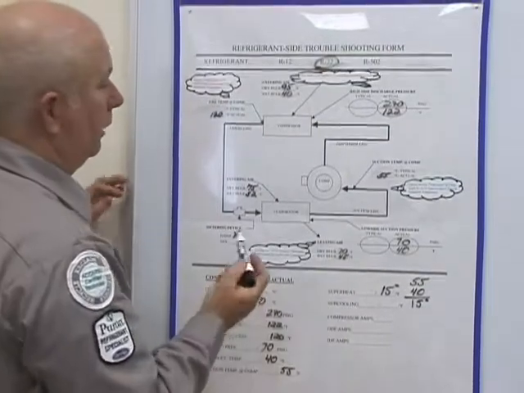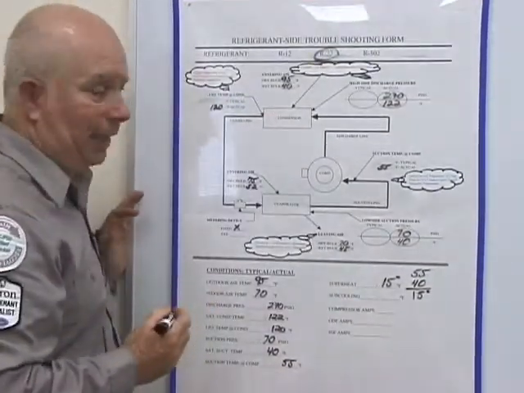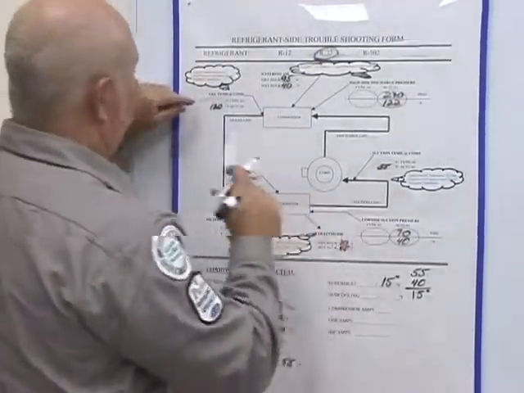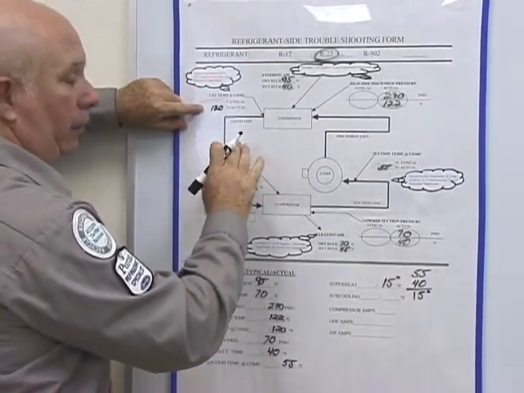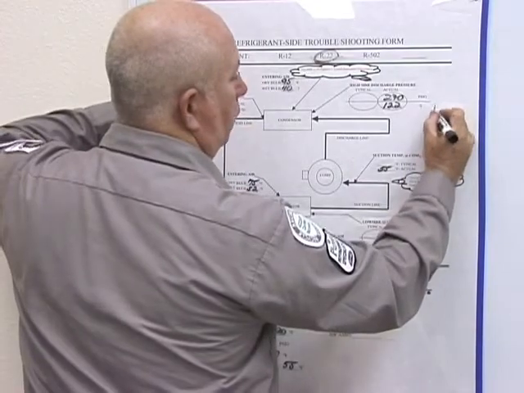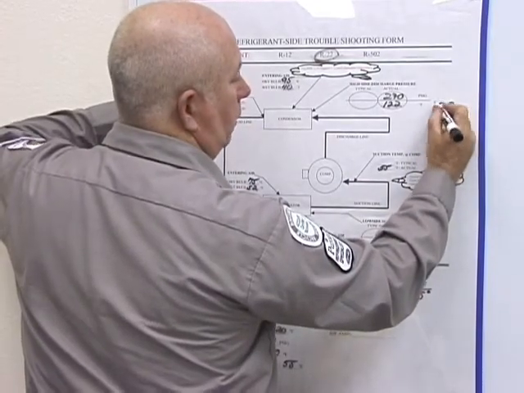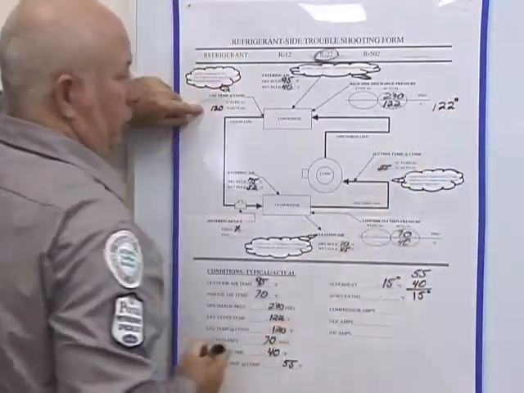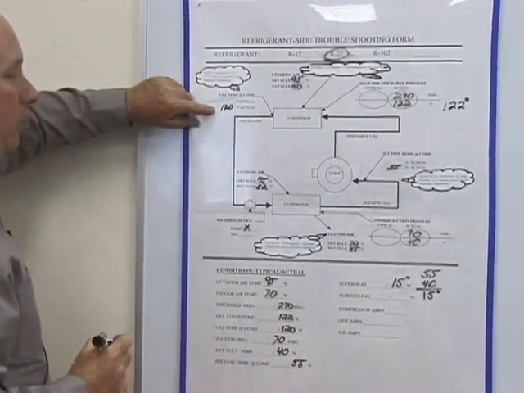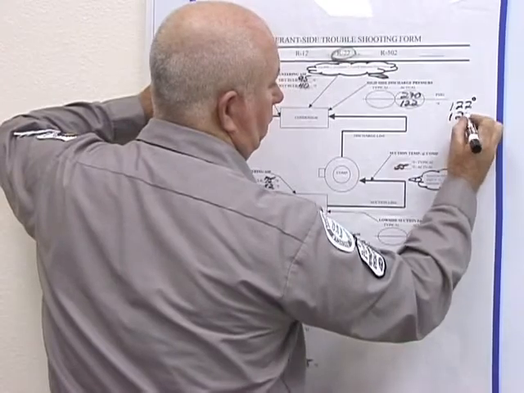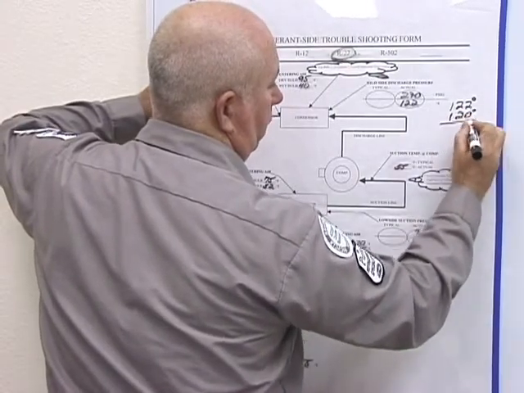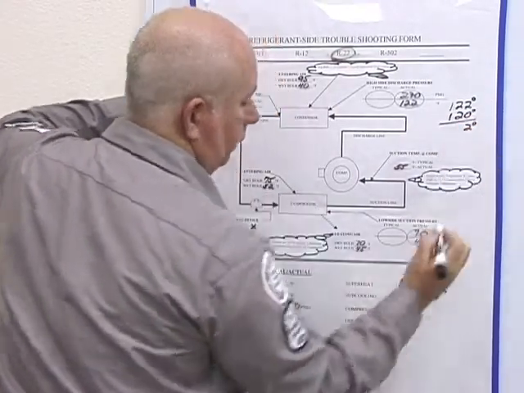Your subcooling, on the other hand, is found on your high side. Again, you gotta figure out what numbers you're taking from where. So we want 122 in this case, which is our saturation temperature, minus our liquid temperature at the condenser, in this case 120 degrees. So we only have 2 degrees subcooling.